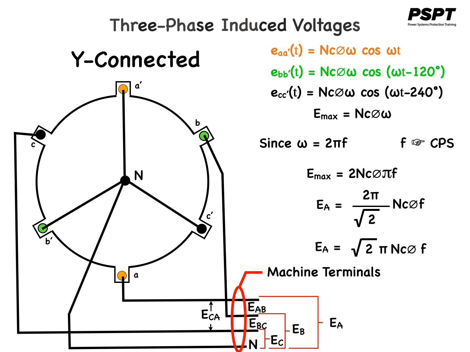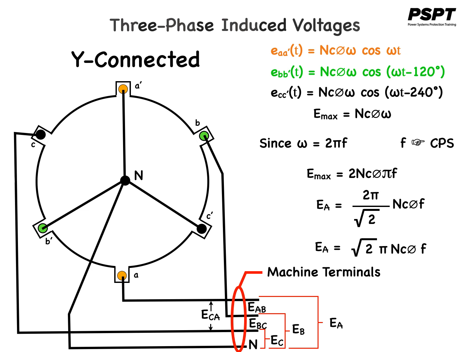So you will find, as in this example, instead of listing the voltages as E subscript AN, EBN, or ECN, they just list them as EA, EB, and EC.